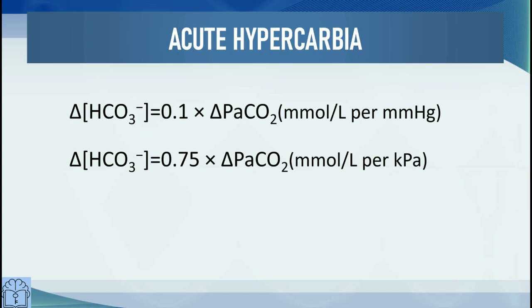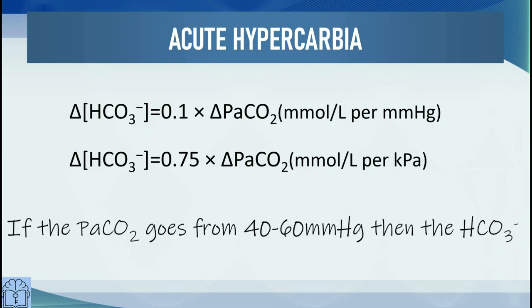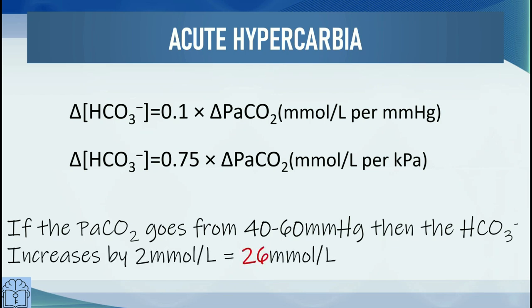The change in the bicarbonate is 0.1 times the change in the PaCO2 in millimoles per millimeter of mercury, or 0.75 times the change in PaCO2 in millimoles per liter per kilopascal. If the PaCO2 goes from 40 to 60 millimeters of mercury, 5.3 to 8 kilopascals, then the bicarbonate will increase by 2 millimoles per liter to 26 millimoles per liter.